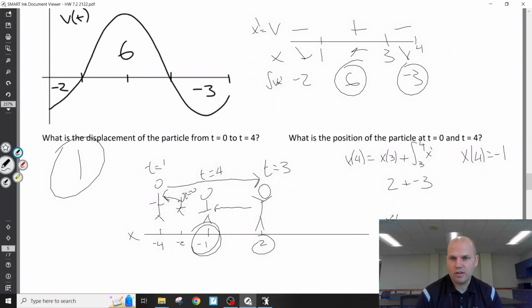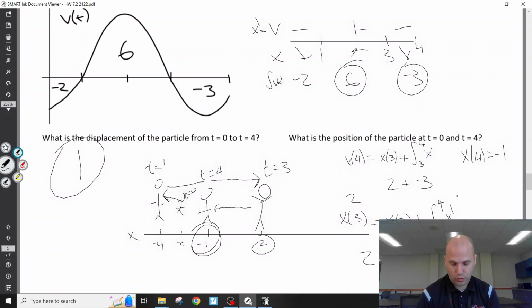What's x of 0? Well, I know the displacement from 0 to 4. 0 to 4 was 1. I know I end up at a position of 2. This is in the past. Subtract 1, I get to that position of... 0 to 3.